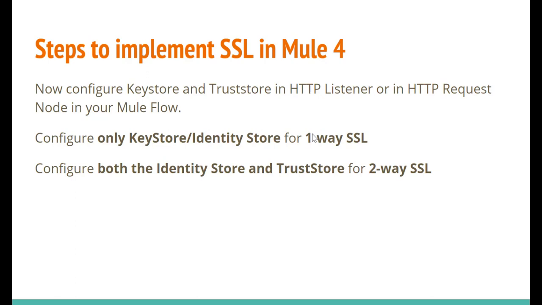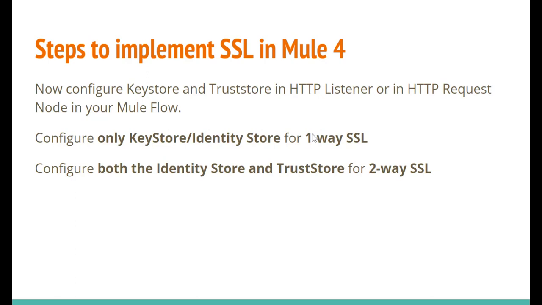For the client, the identity store stores the private key of the client and the digital certificate of the client. And also for the client, the trust store stores the digital certificates of those systems or applications which it actually wants to trust.